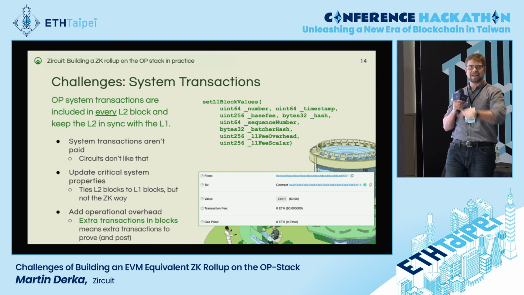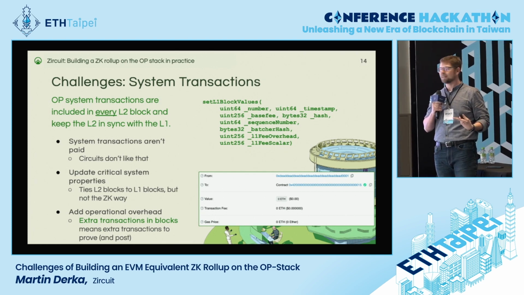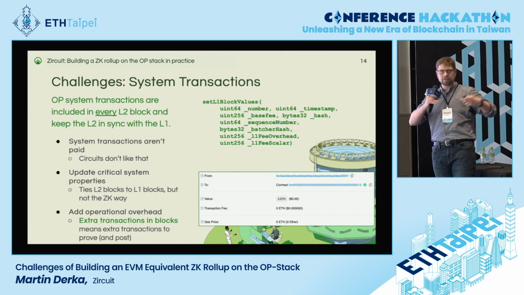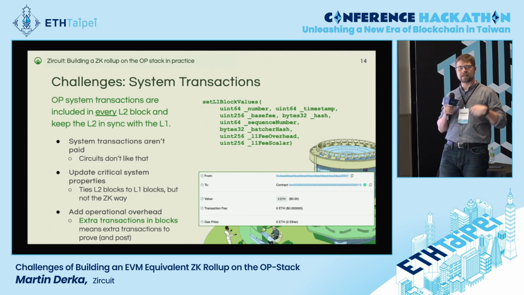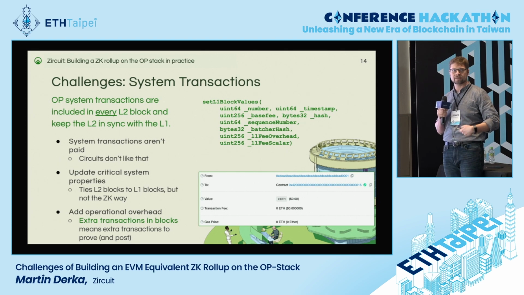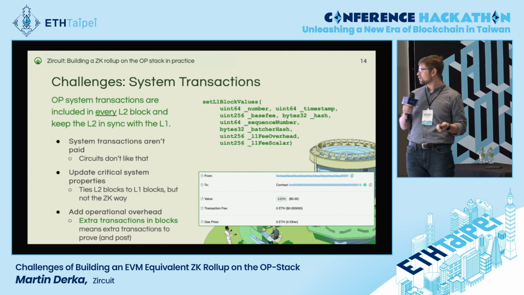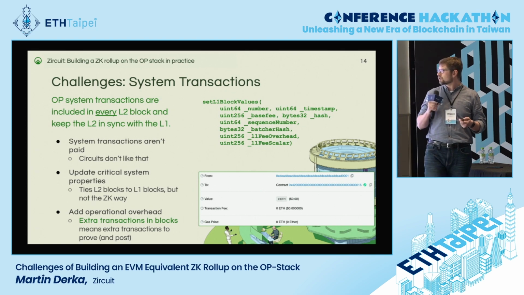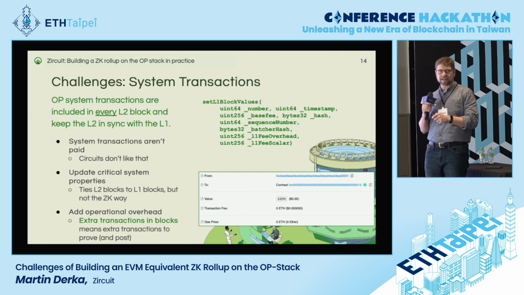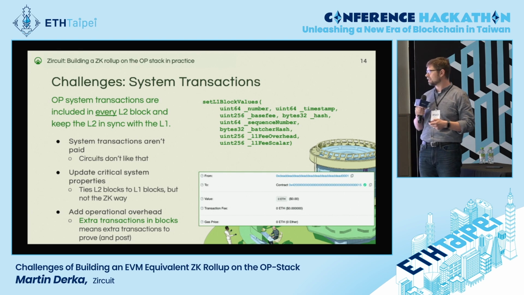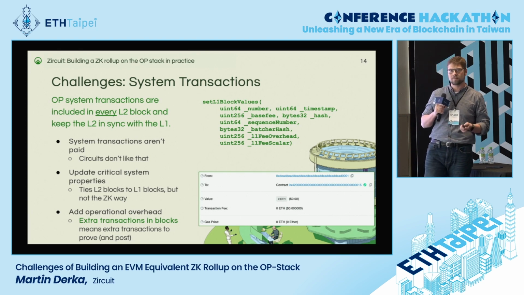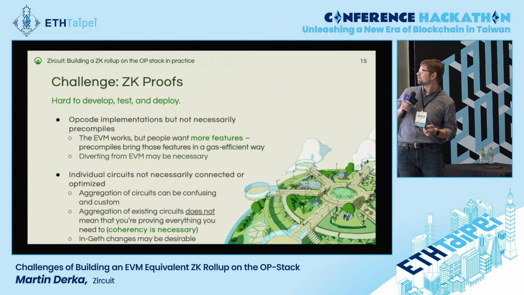You need to post this data onto your data availability layer, and you need to verify the proofs. So that all increases the operation costs, and eventually it will increase the cost for transaction for the user, right? So you sort of need to engineer against that and consider some alternate designs. Otherwise, this is going to be a general problem.